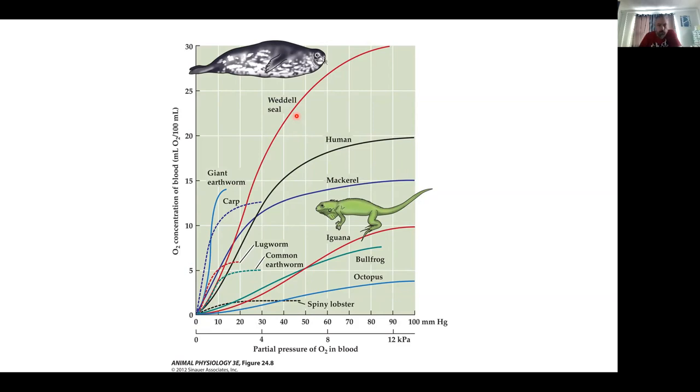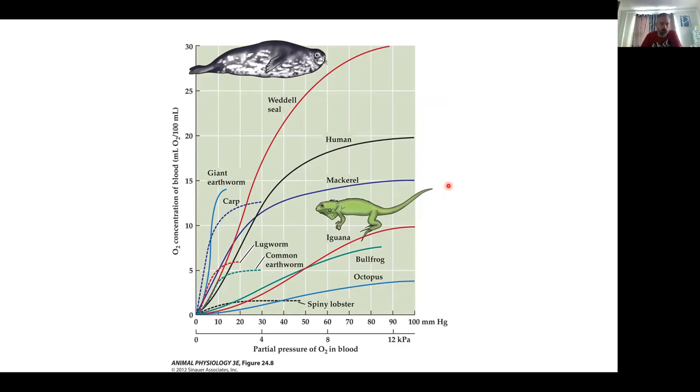The other big difference that we're seeing here, and probably the biggest difference, one that leapt right out at you at the beginning, is the height of the curve. The height of the curve here is simply how much oxygen can be carried per unit volume of blood, or as we'll see, hemolymph or whatever. So different animals have different oxygen carrying capacities.